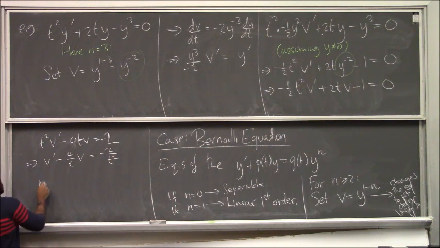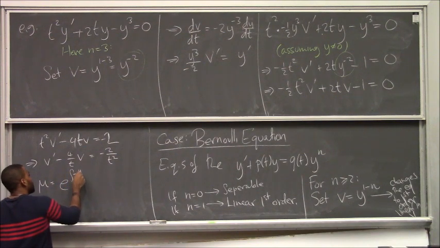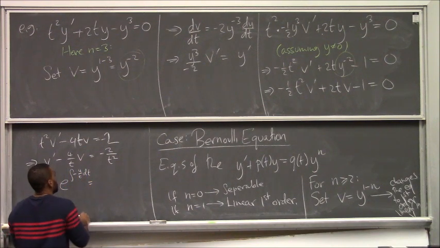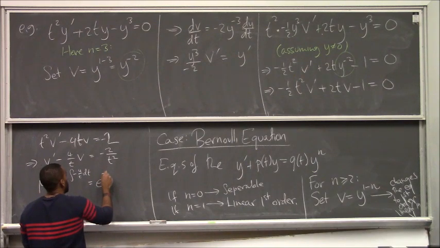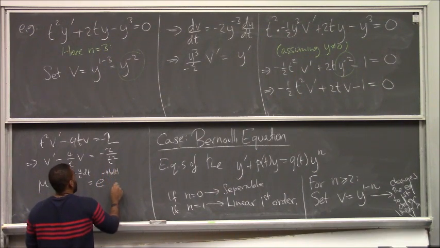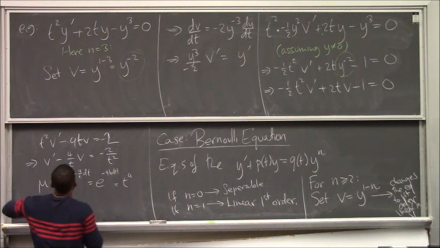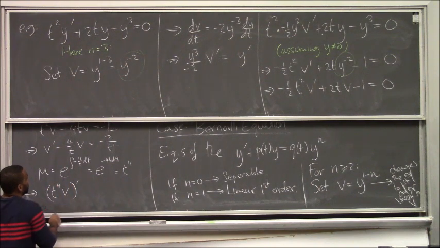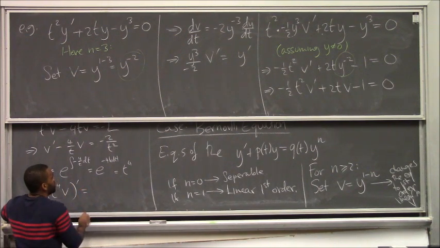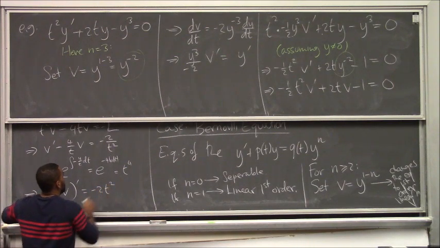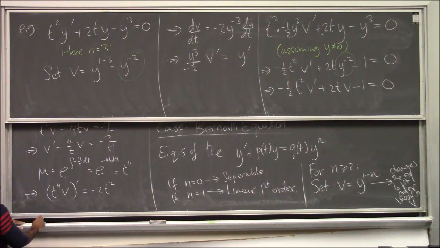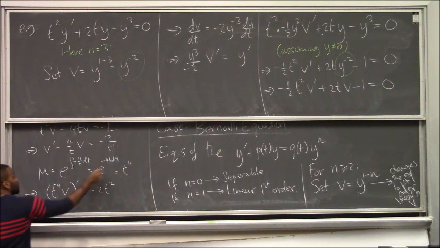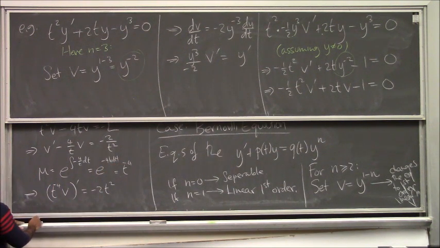And so mu equals e to the integral of minus 4 over t dt. This is going to be e to the minus 4 ln t, which is t to the minus 4. This is going to give me t to the minus 4 times v, all prime, equals, multiplying that by t to the minus 4, I get minus 2 t to the negative 6.